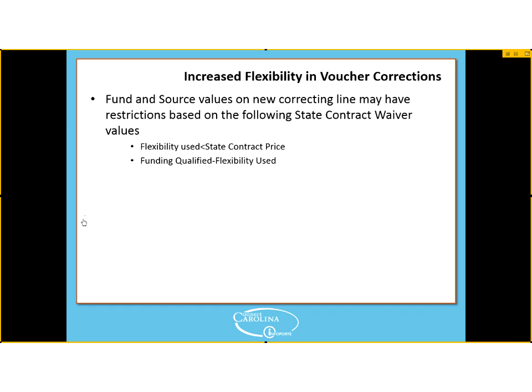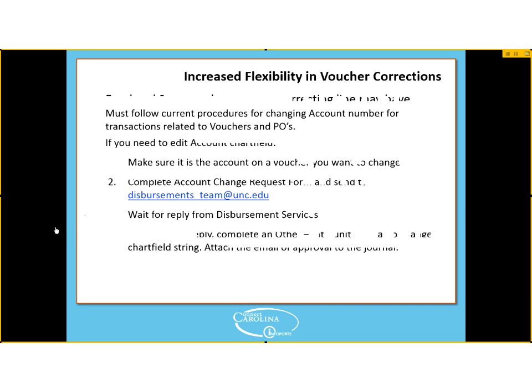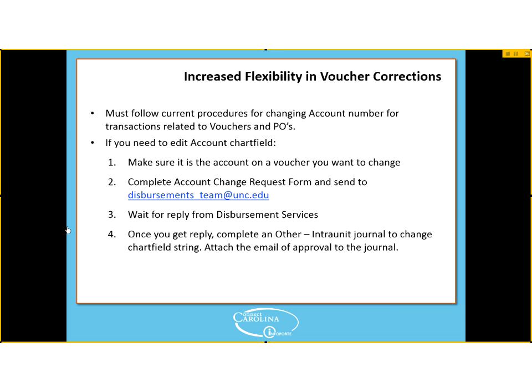Moving on, fund and source values on a new correcting line may have restrictions based on the following state contract waiver values. So if you have these values, which would be flexibility used is less than the state contract price, or there's qualified funding and there's flexibility used, you may have restrictions on fund and source values. So just keep that in mind.